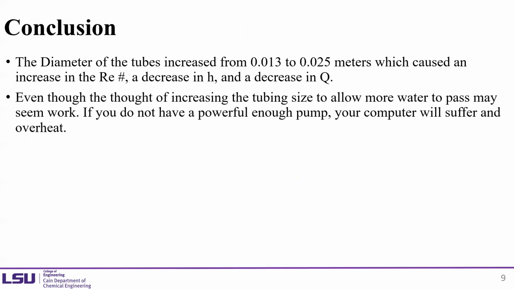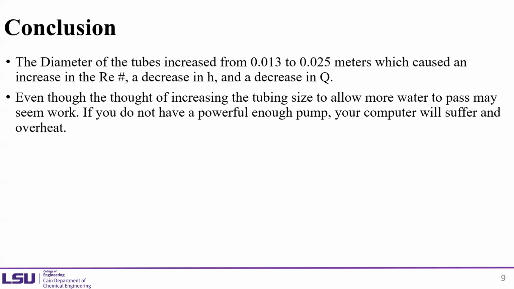So in conclusion, as you can see, with everything else held constant throughout the computing process, except for the diameter, which increased from 0.013 to 0.025 for two different runs, this caused an increase in the Reynolds number overall and a decrease in our H value, which then caused a decrease in our rate of heat transfer.